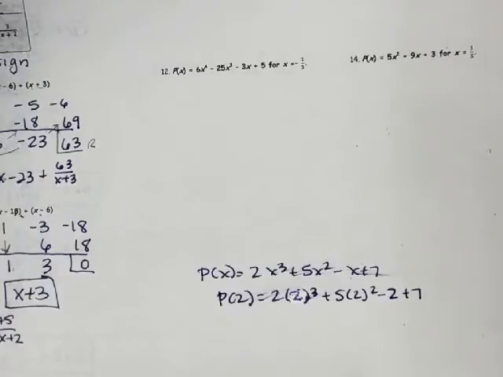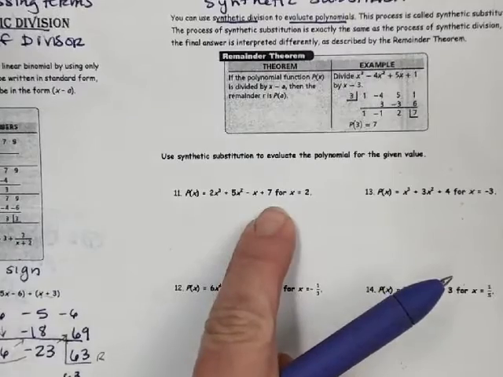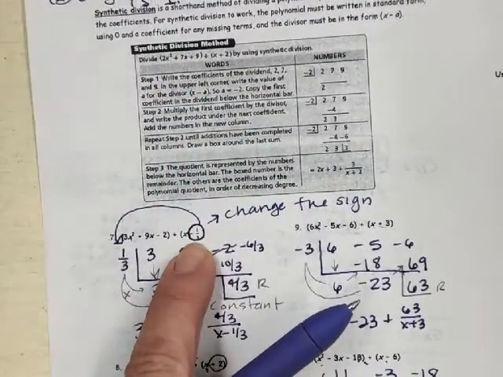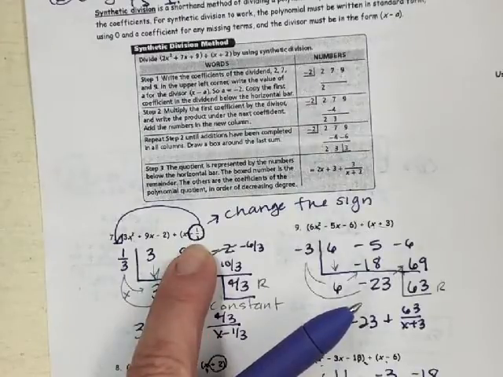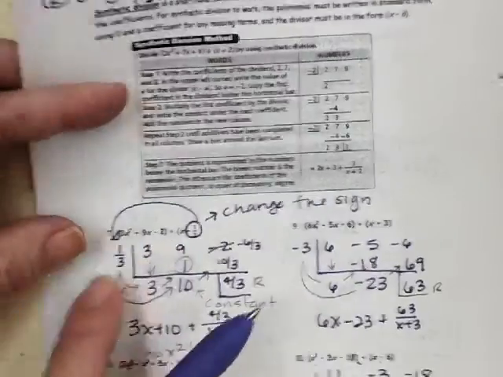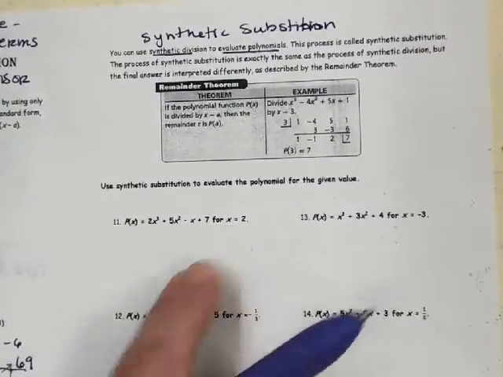So the difference here that I want you to notice in the way it's set up is that this has x plus or minus a number in parentheses, and we had to change the sign. Over here is telling you exactly what x is.